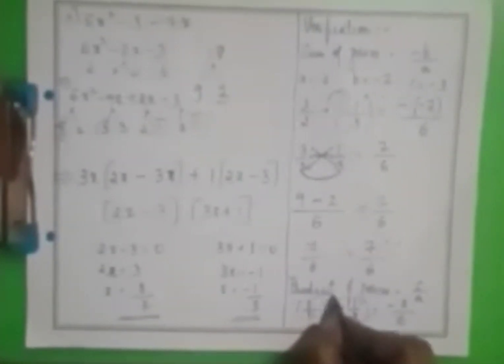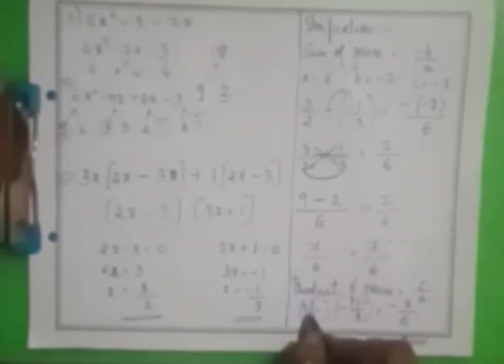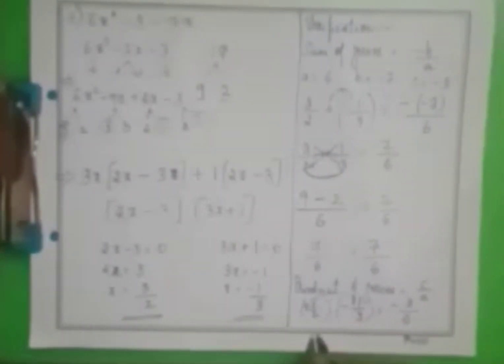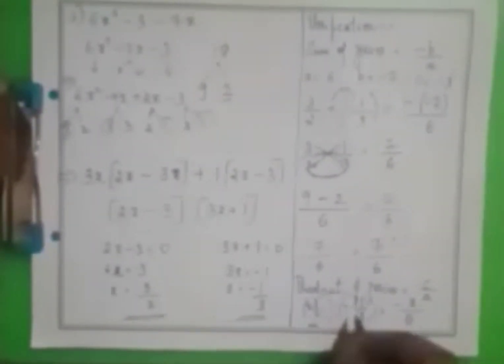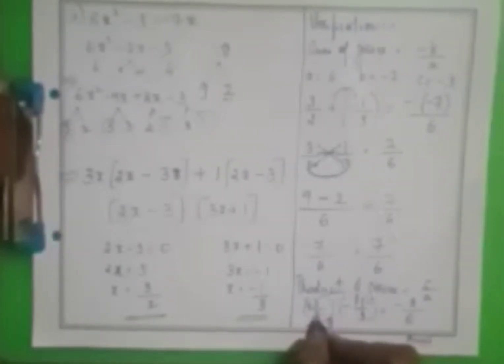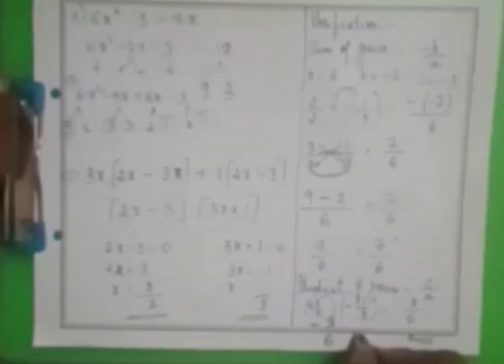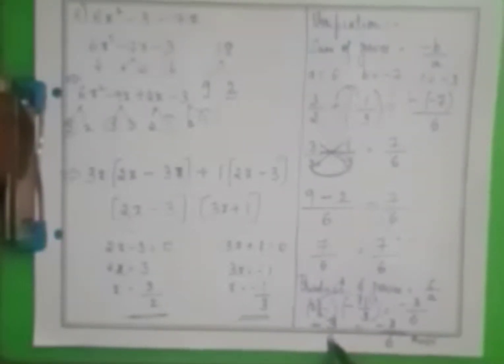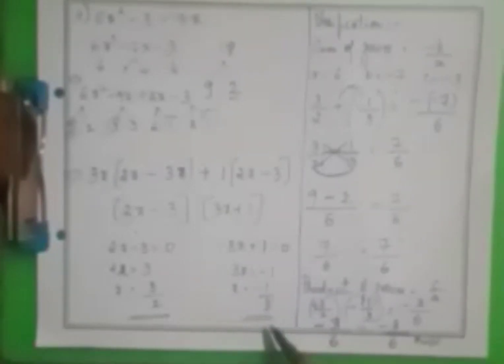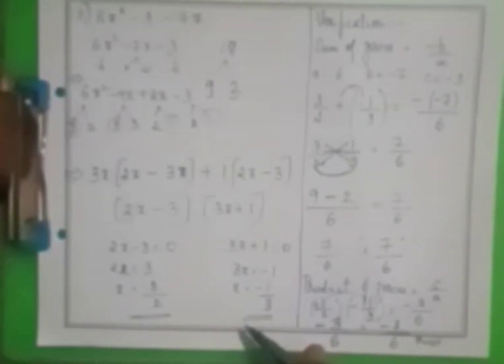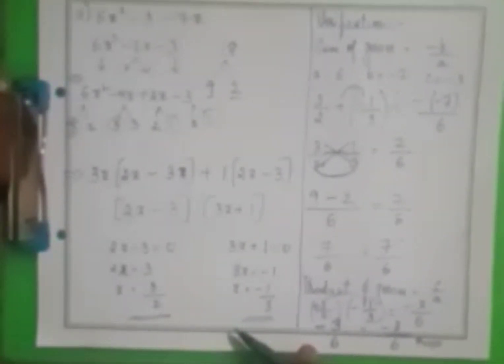Now first here we have plus into minus is minus, 3 ones are 3, 3 twos are 6, is equal to minus 3 by 6. So since we are getting minus 3 by 6 equal to minus 3 by 6, the x values we have got, 3 by 2 and minus 1 by 3, are correct, and this verifies our answer.